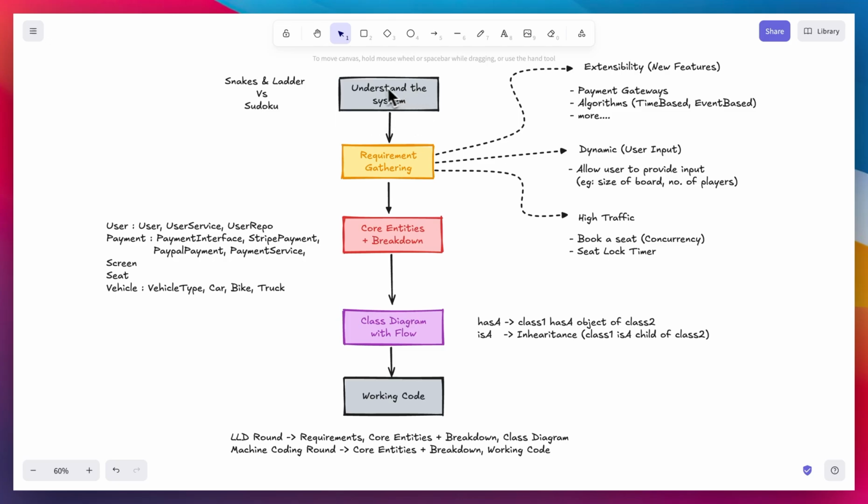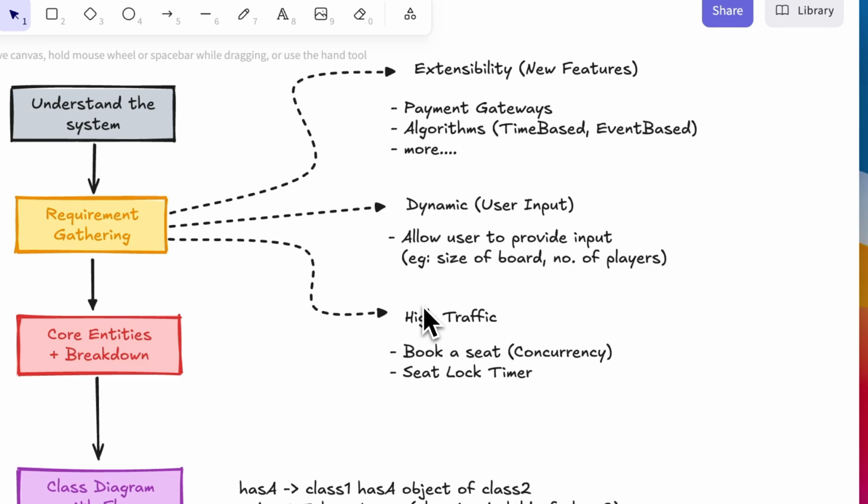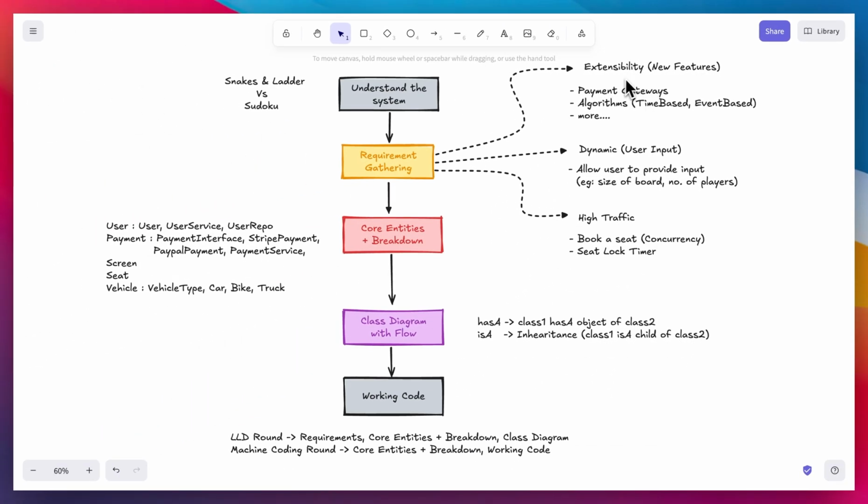Once we understood that system, we would go to the requirement gathering part. And in order to simplify this requirement gathering step, I have categorized it into three categories: extensibility, dynamic, and high traffic. All the requirements related to extensibility will go into this category.